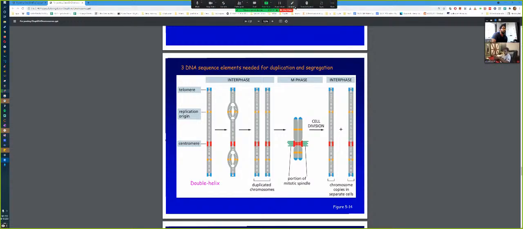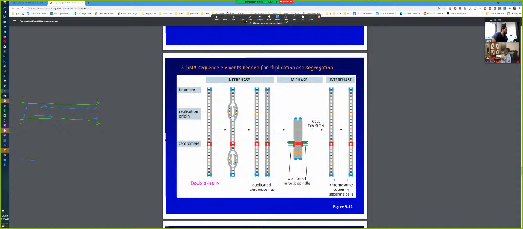And they're going in opposite directions. Like, if I have 5, 3 and 5, 3 like that, and they separate, then the new strand will go 5, 3 in this direction, and then this new strand, 5, 3, would go in that direction, right?